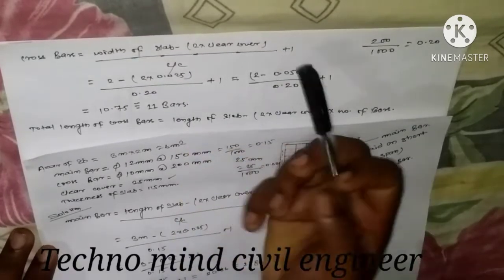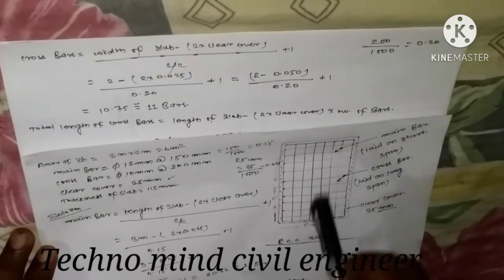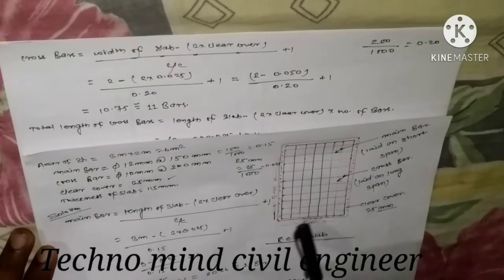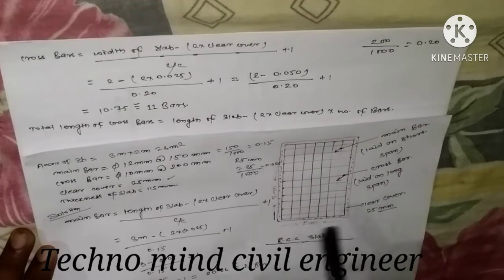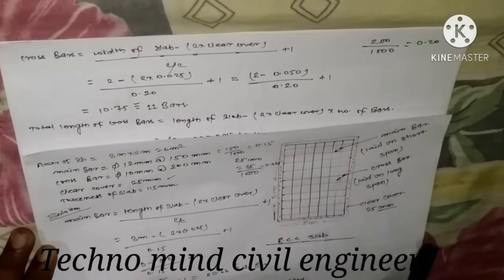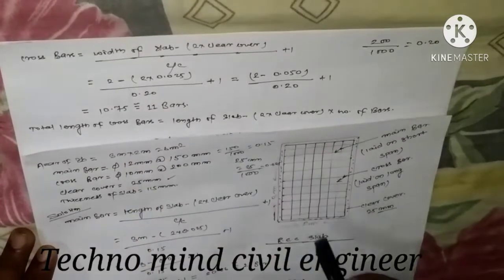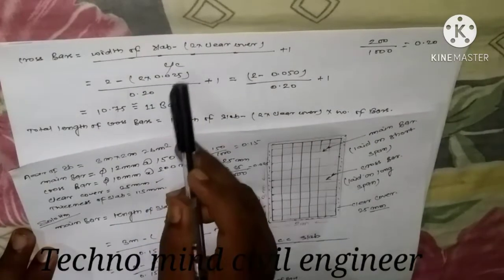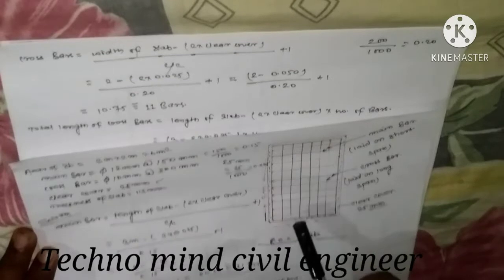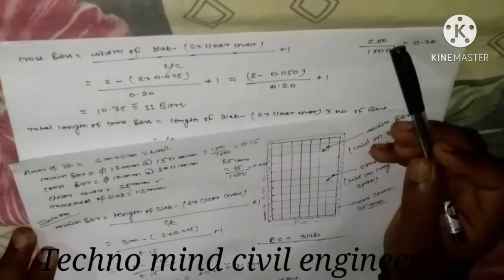The width of slab is 2 meter, minus 2 into clear cover, 0.025, divided by 0.20, because the crossbar center to center distance is 200 mm, which in meters is 200 divided by 1000, equal to 0.20.